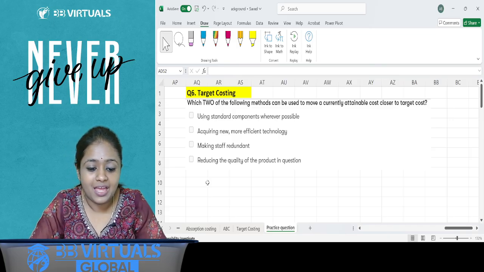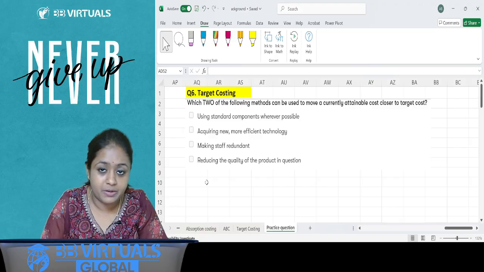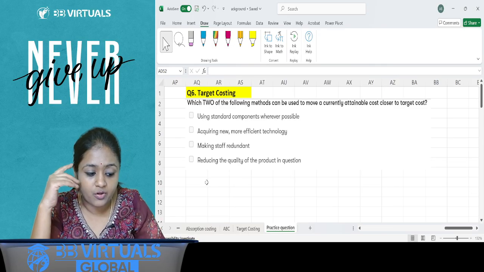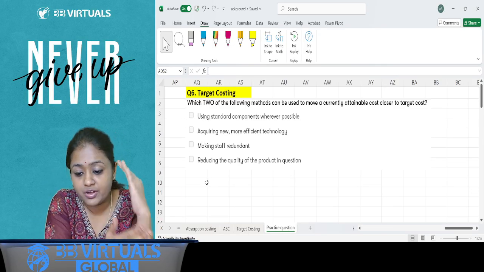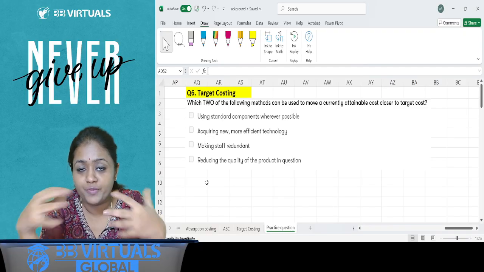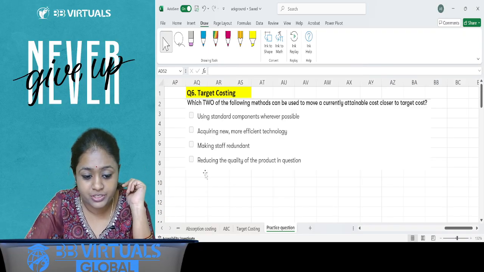Think, what is the currently attainable cost that you have? If you want to make it closer to the target cost, which two methods can you use so that we reduce the gap? Basically we need to make improvements towards the target cost. So let's read the options.